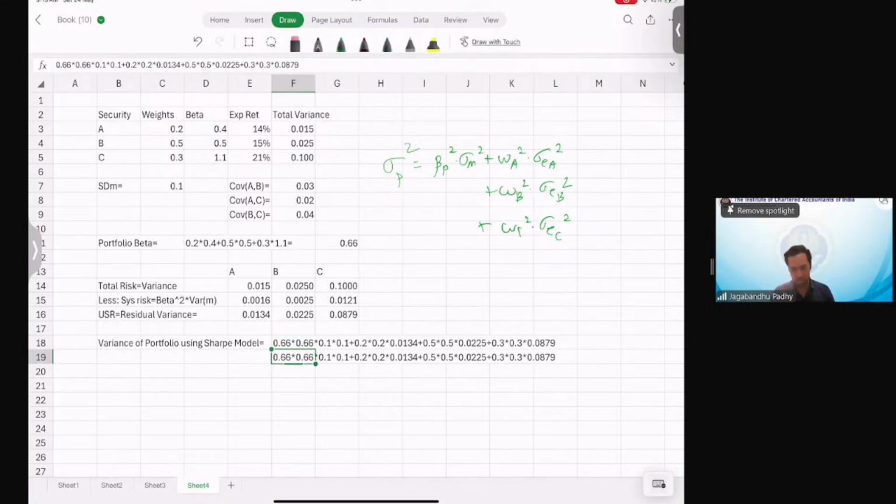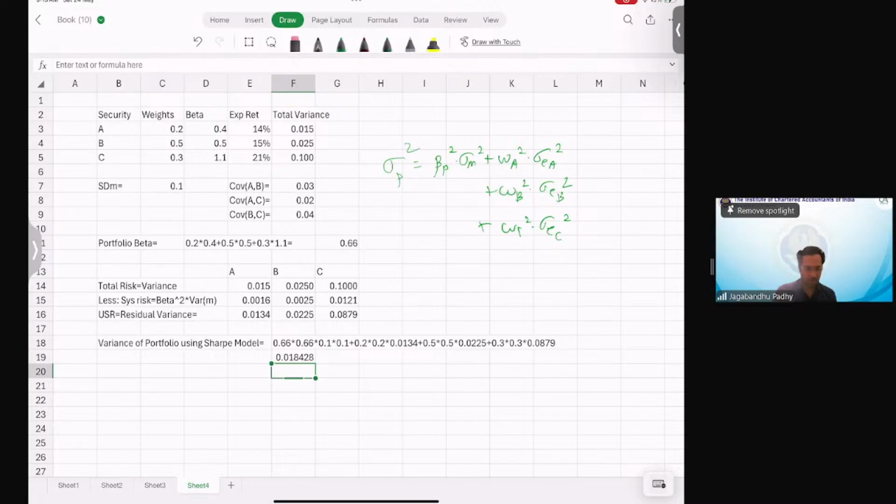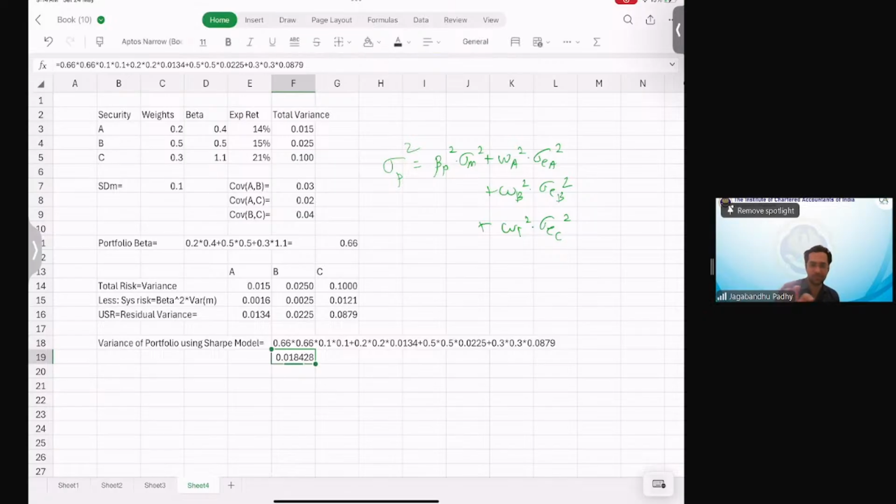Let's check if you're getting the variance of portfolio using the Sharpe model as this number. Yes, the variance of portfolio using the Sharpe model is this.